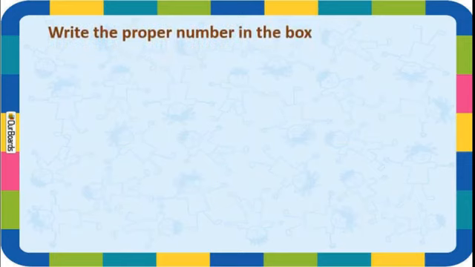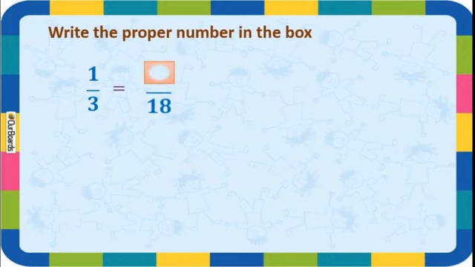Write the proper number in the box. Students, see here, 1 upon 3 is equal to dash upon 18. They gave 18 as the denominator because it is the equivalent, so we have to fill the box. Like this sum we have done earlier.